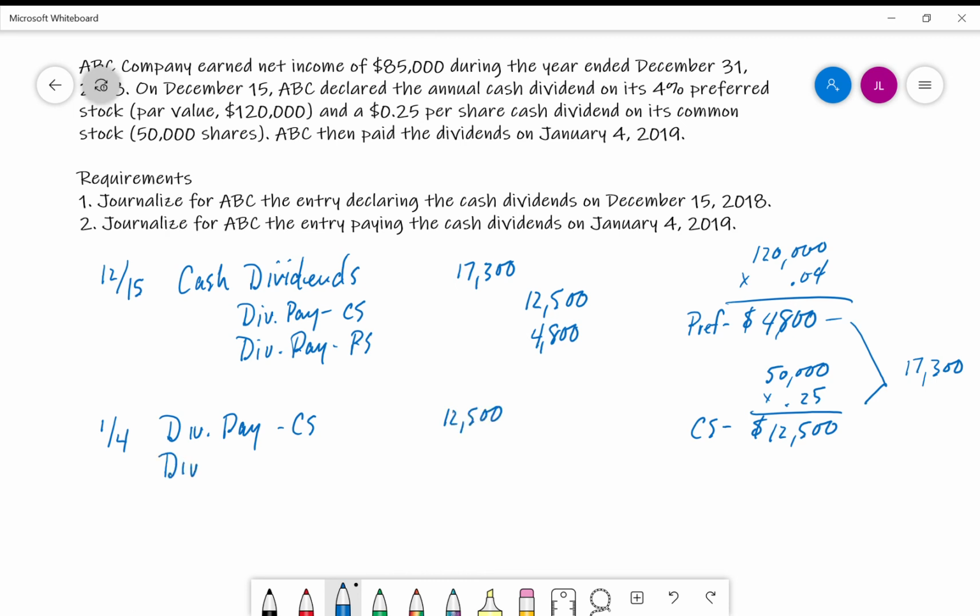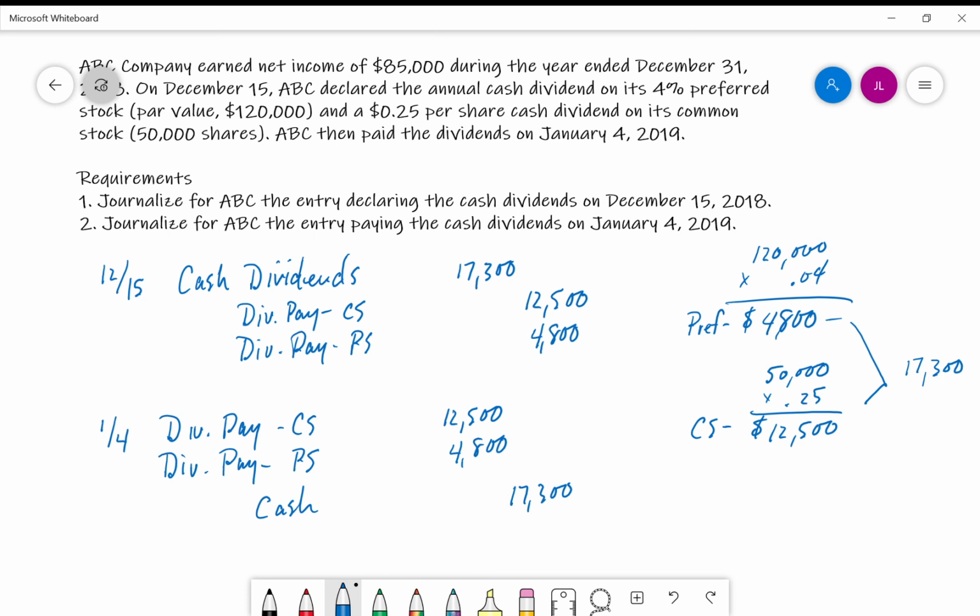And we'll also debit our dividends payable on preferred stock for 4,800. And now, since we're paying them, we get to credit our cash for the amount of $17,300.